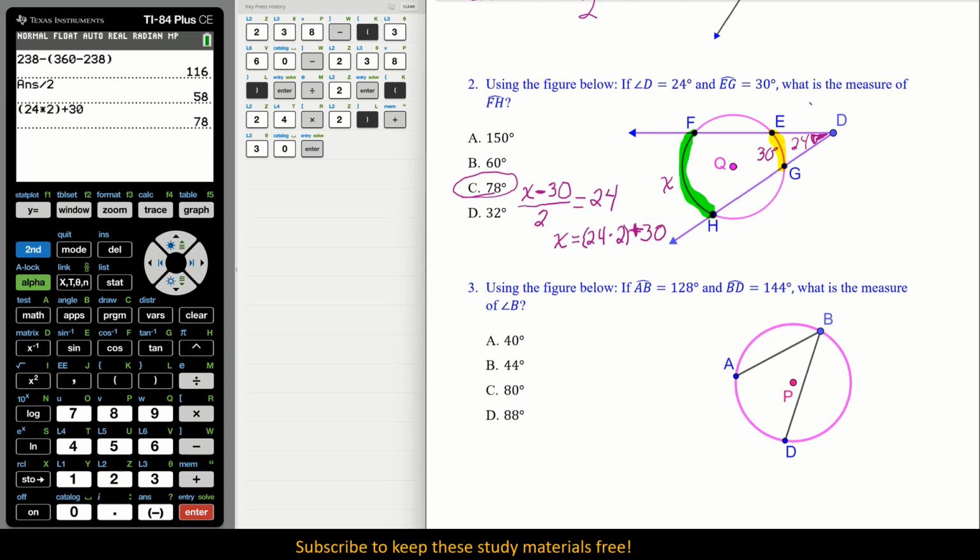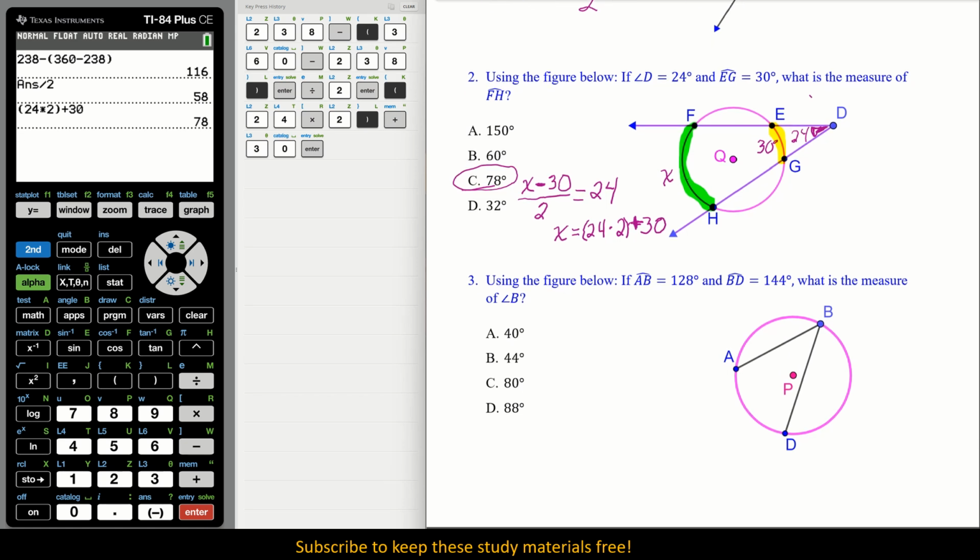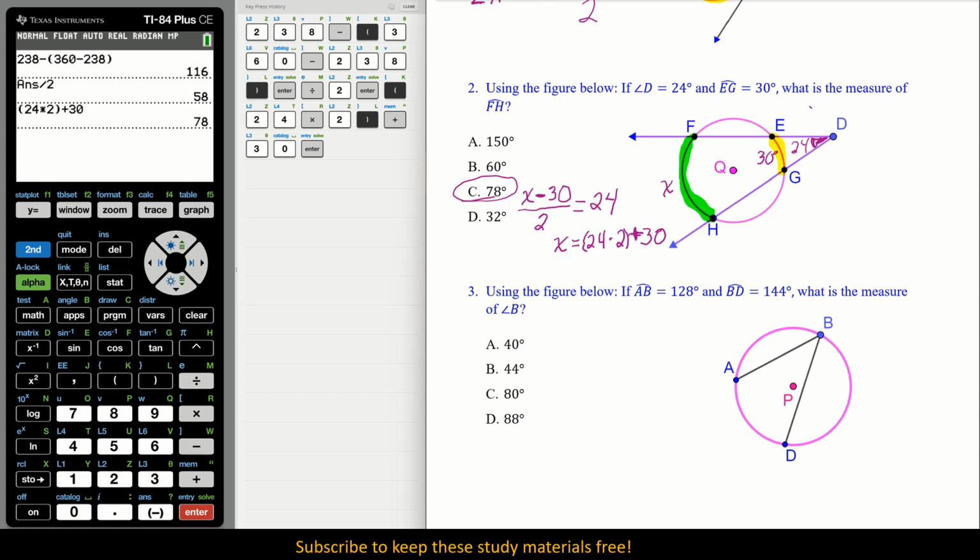Number 3. Now this is very different. Our angle center is on the circle. So before we had 2 rays where they met. The vertex of the rays, point D on this one right here, is outside the circle.